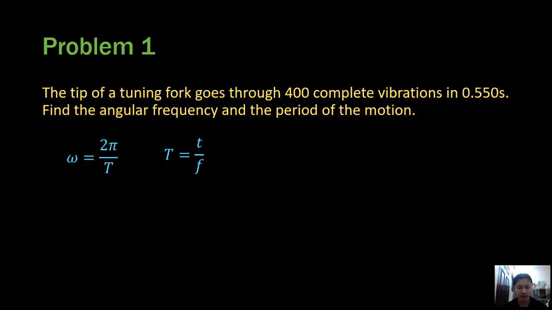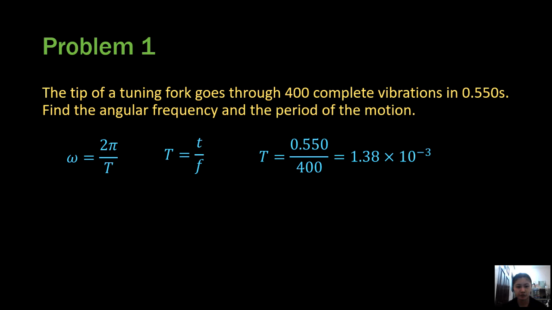The problem gives us time and frequency, so we have to solve the period, T, which is equal to the time, 0.550 seconds, divided by the frequency, 400 complete vibrations, so divided by 400, and it would be equal to 1.38 times 10 raised to negative 3. So that is your period.